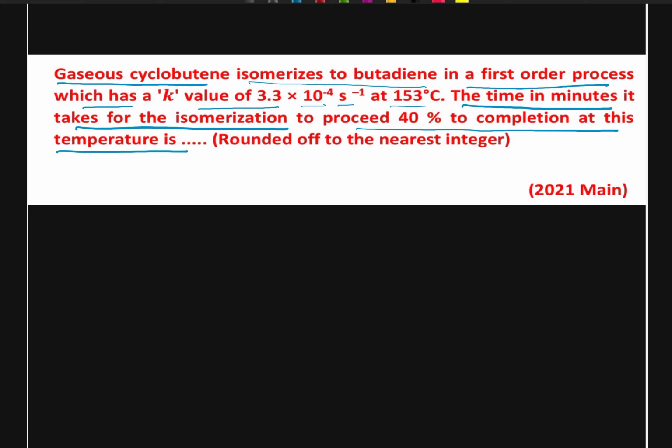Here I'm going to use the formula for a first order reaction.